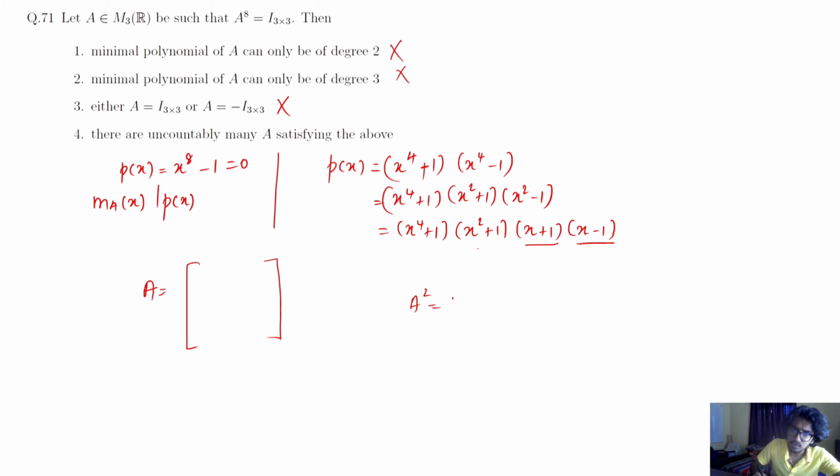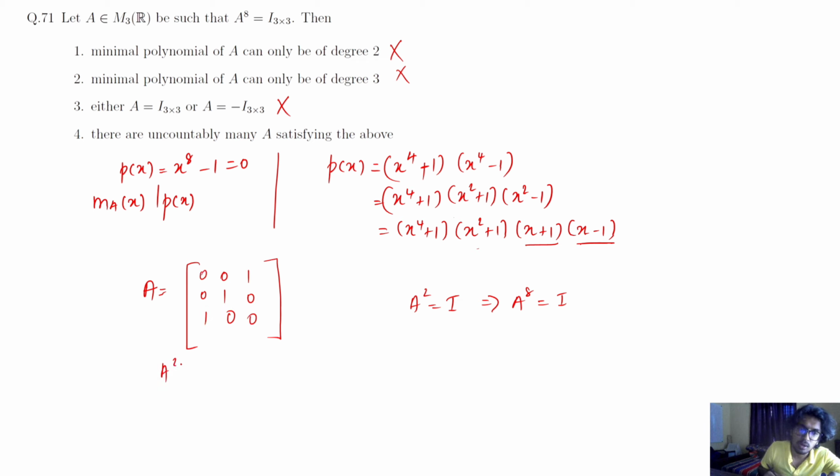If my A square is identity, then it also tells that A power 8 is identity. Let me try this one. Basically what I have is my identity matrix, but this will end up in my third category. So what I am doing is just interchanging the columns.